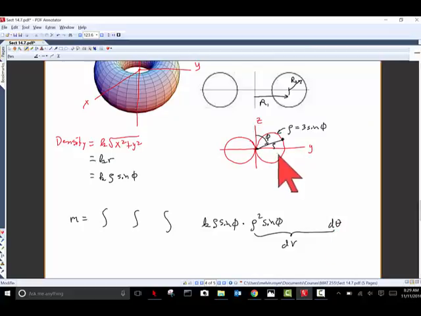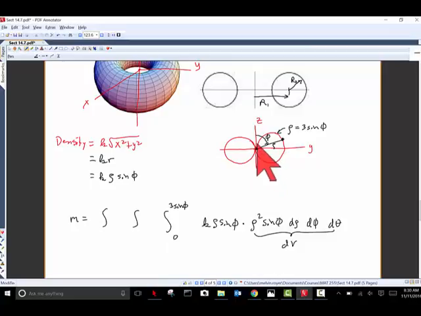And regarding the other two variables, as in the ice cream problem, if I move out and determine my limits of integration in rho, I see that it's very convenient to use the variable phi to do that. So put d rho first, and then d phi, and finally d theta. Rho goes from 0 to 3 sine phi.